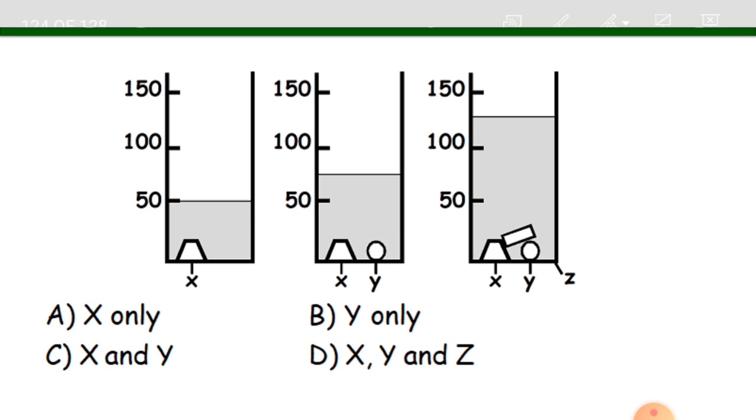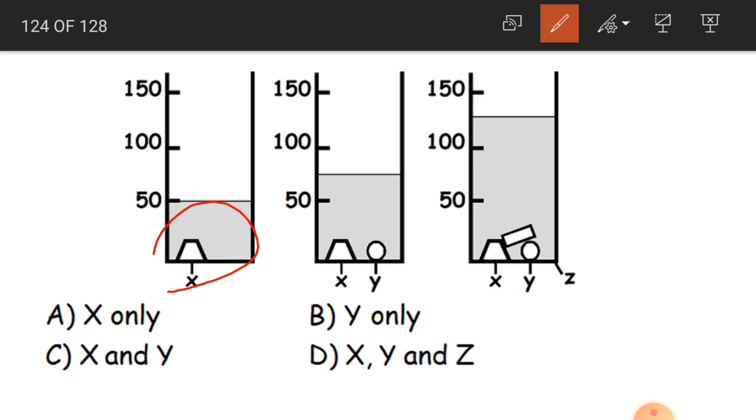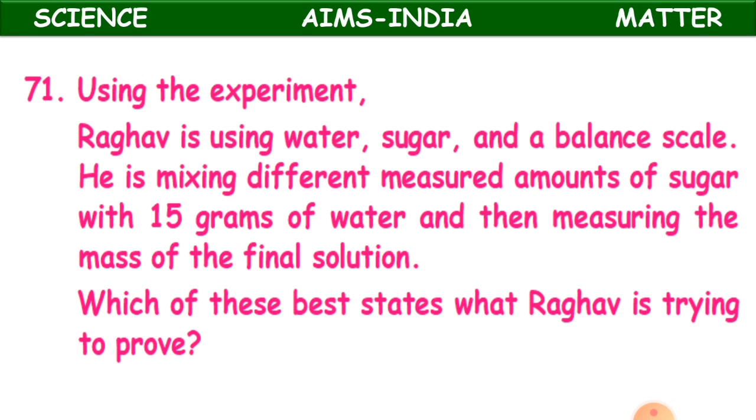Only X. If you see, already here 50 ml has been started. But only X is having below 30 ml, that is option A. Clear, children?